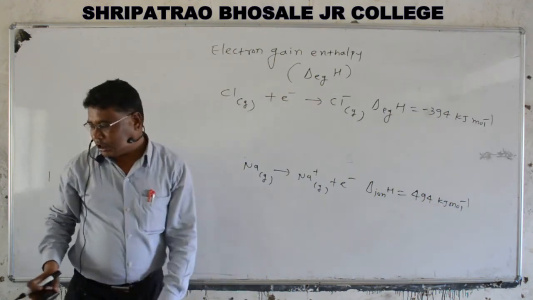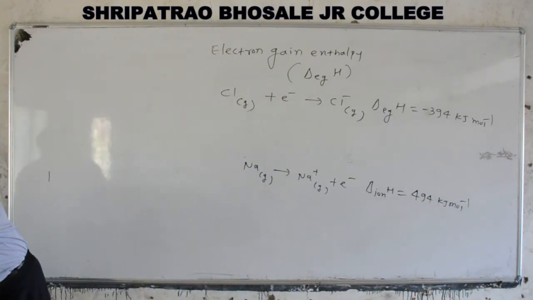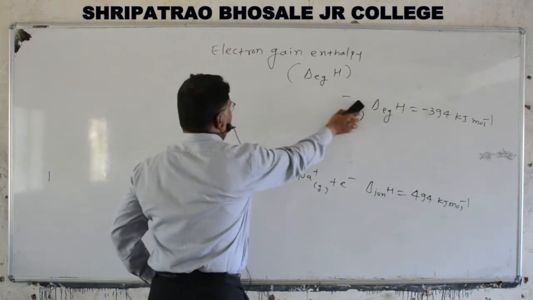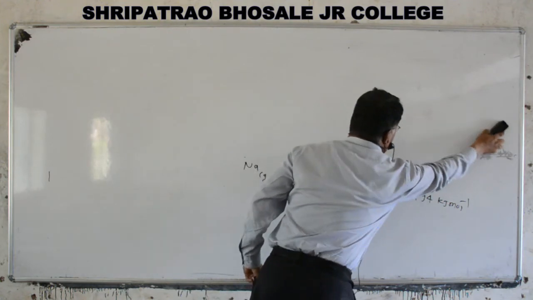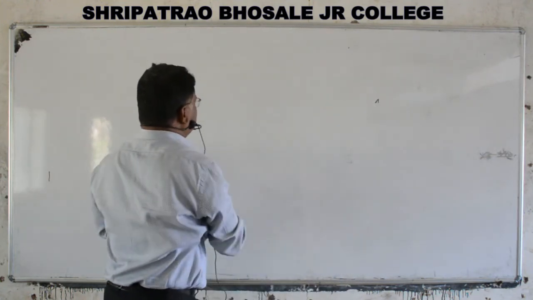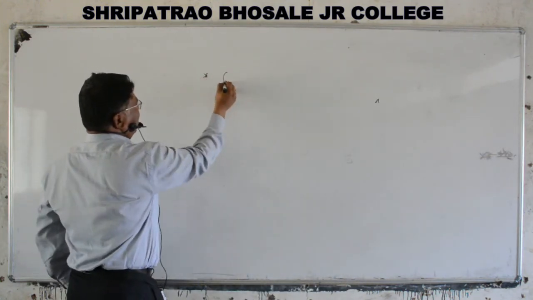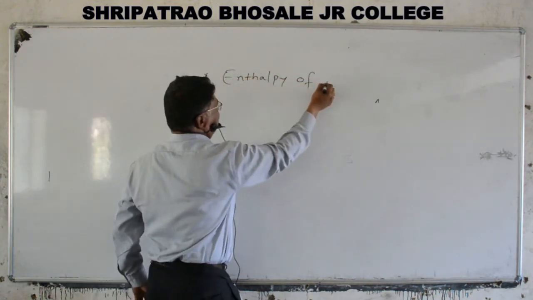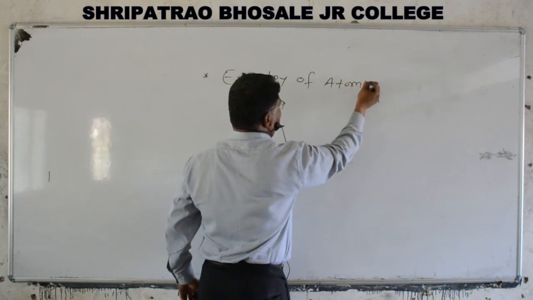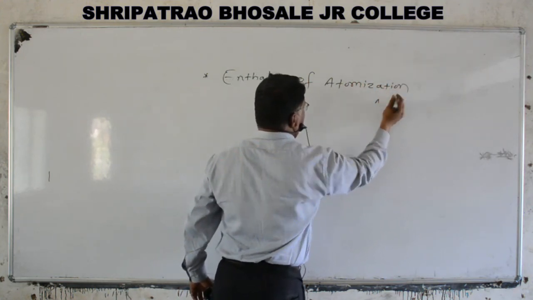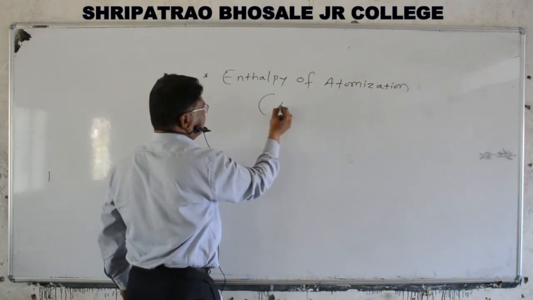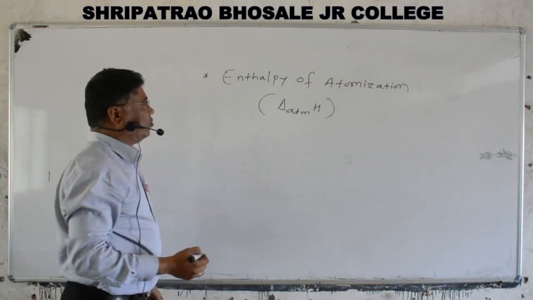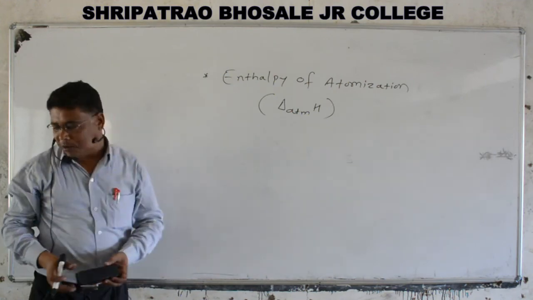Now, the next definition is enthalpy of atomization, denoted as delta H atomization.